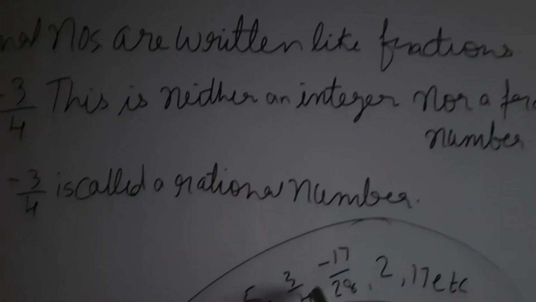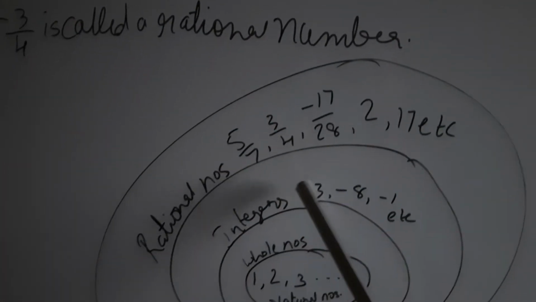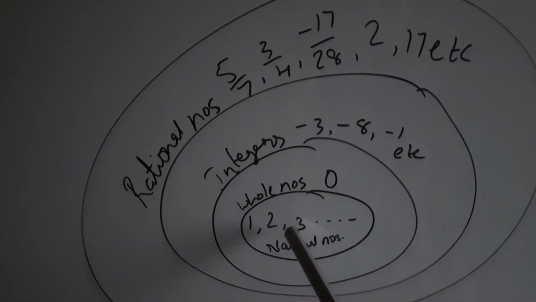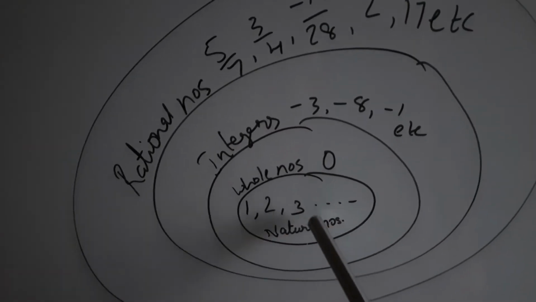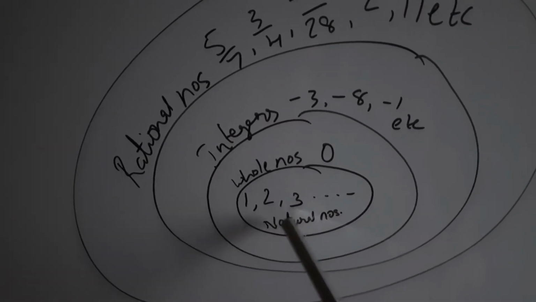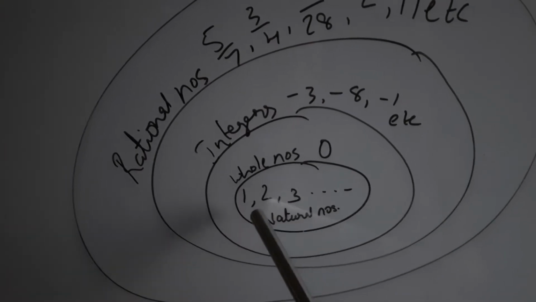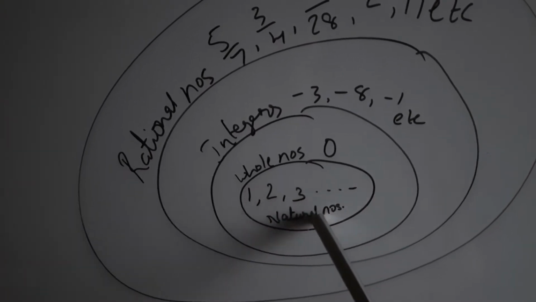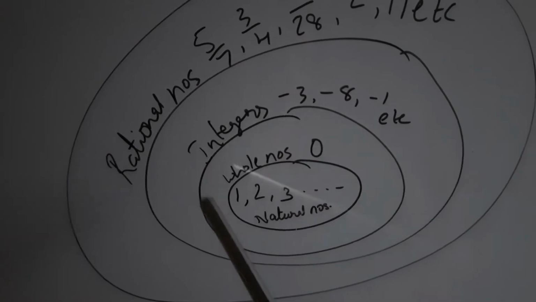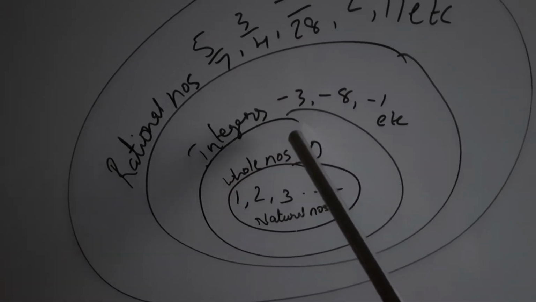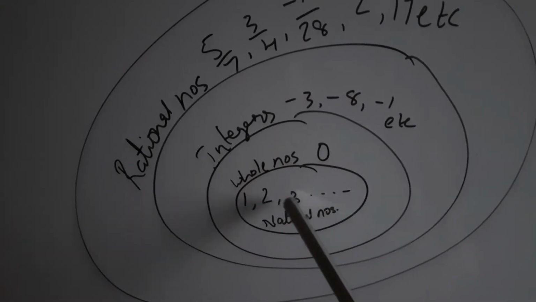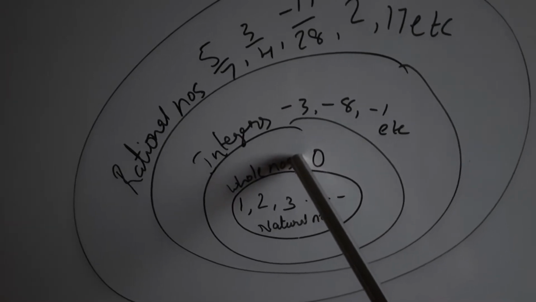Look at what I have drawn, children. Roughly I have drawn it. Look straight inside: the natural numbers are in the inner circle, 1, 2, 3, dot dot. Outer to that are the whole numbers. When you add 0 to the natural numbers, you get whole numbers.